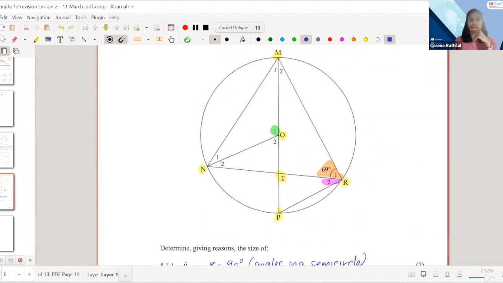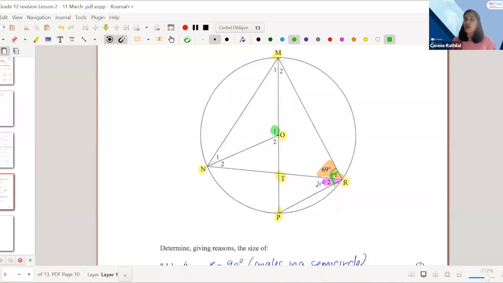Let me also fill in the information that we know that this here is 21 degrees. And in particular, we also know that this is 90 degrees, right? So that's what we've got in place. So I'll just put that there, that is 90.